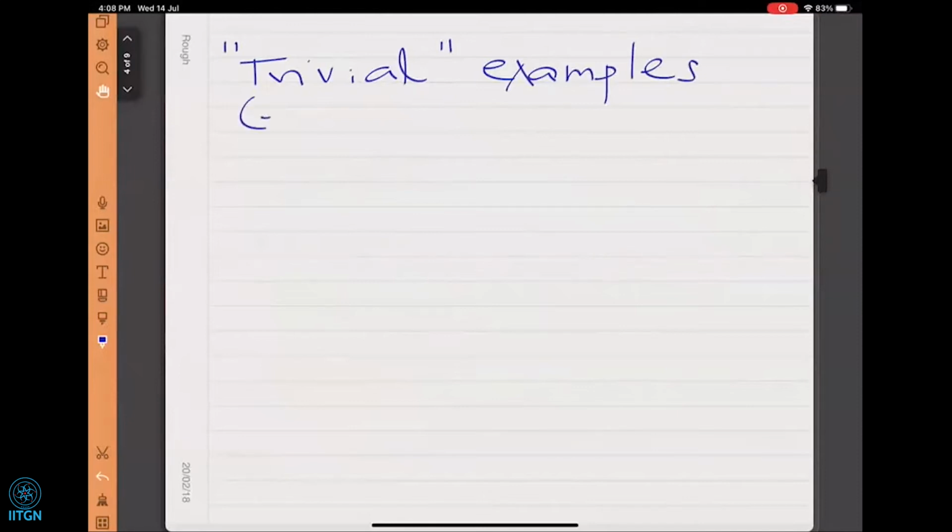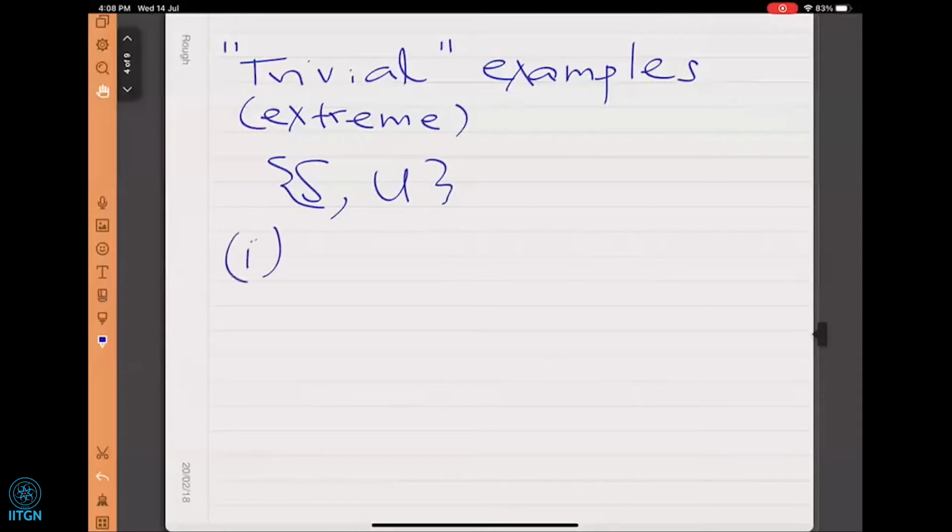Okay. So the examples I want to give are what are sometimes called trivial examples. They are trivial because they are extreme. So I told you that we need a set S and a collection U. One example which I can define for any set S is that U contains only the empty set and the full set S, nothing else.